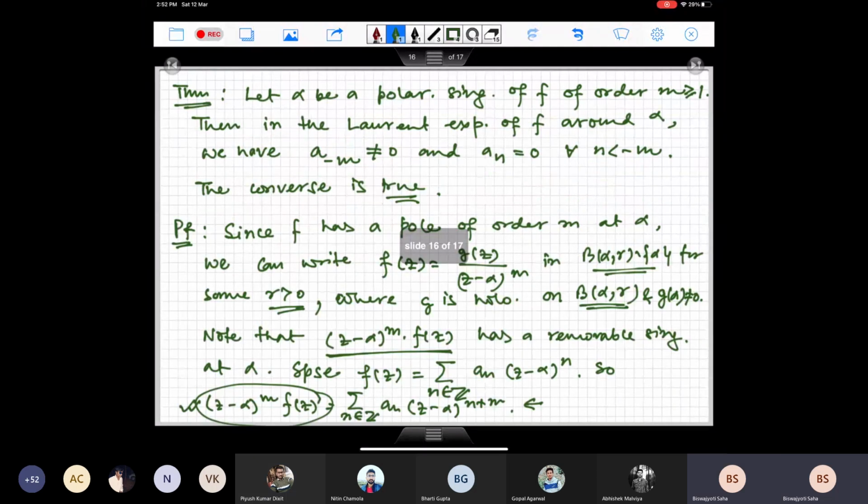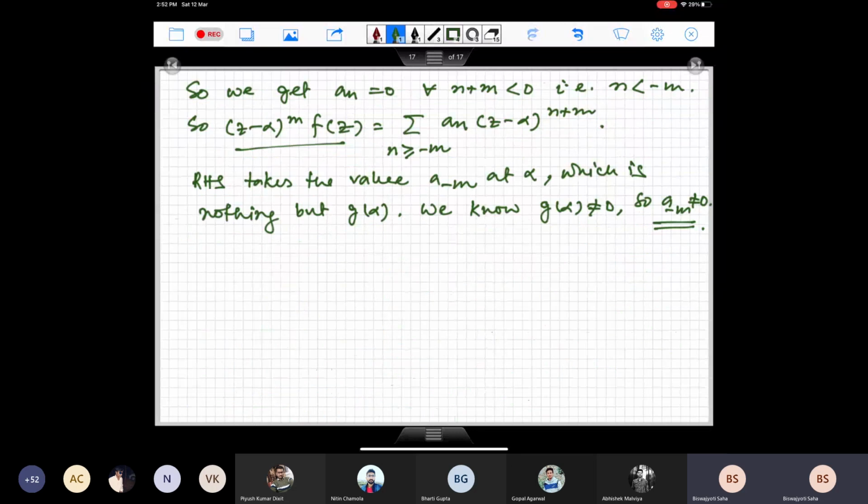And I said, of course, the converse is very easy. So if I write f(z) equal to the summation over n greater than or equal to minus m of a_n (z minus alpha) power n, then I am just going to take g(z) equal to f(z) times (z minus alpha) power m.